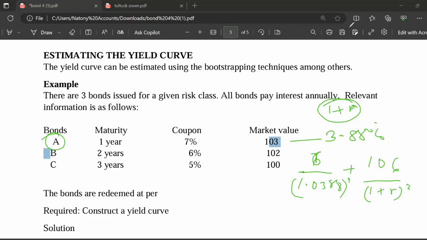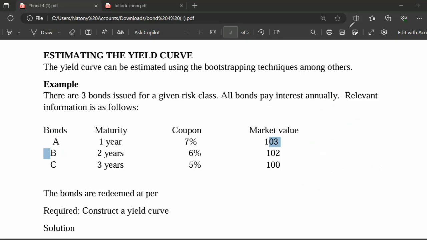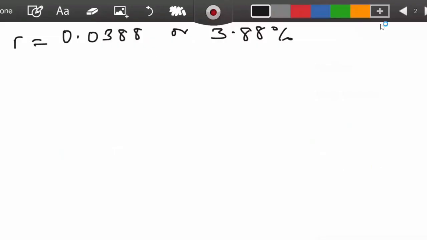So let's look at the way this will be solved. For bond B, the market value of the bond is 102.